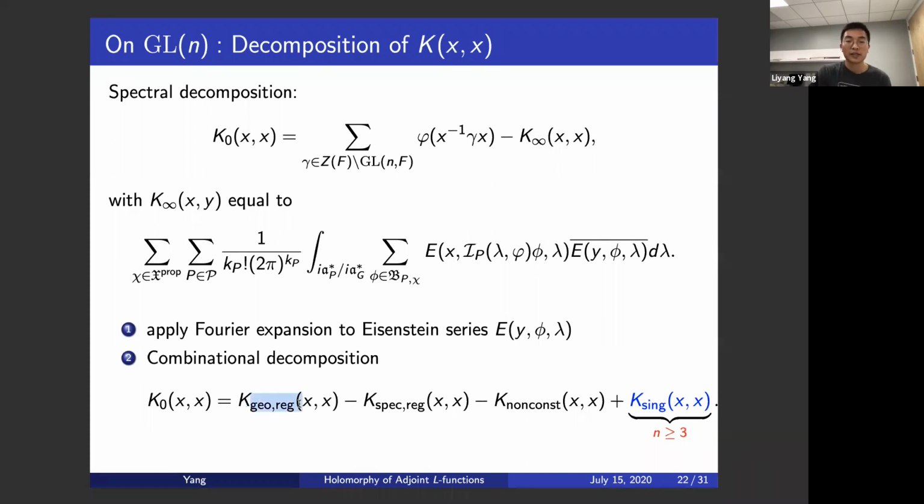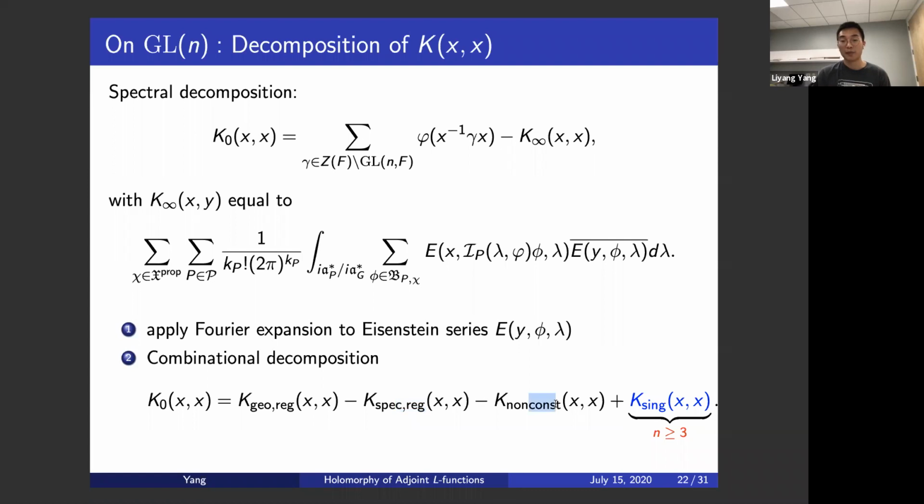This term corresponds to the regular P-conjugacy classes from the geometric side, and this term corresponds to the constant term of the Eisenstein series, the constant Fourier expansion, from the spectral side. This corresponds to the non-constant term of the Fourier expansion.